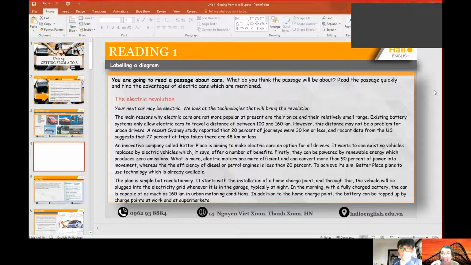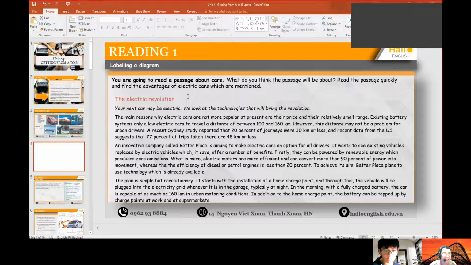Out of that human body, you are going to label the parts of the human body, right? So of course you can say it's the head, there's an eye, a nose, a mouth, an ear. Those are the parts that you can label.